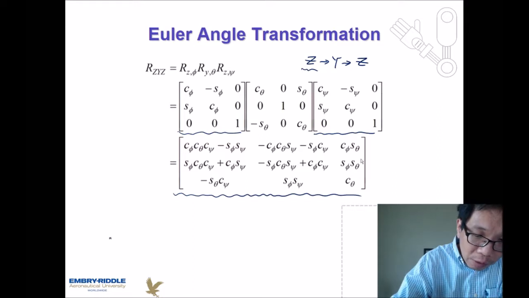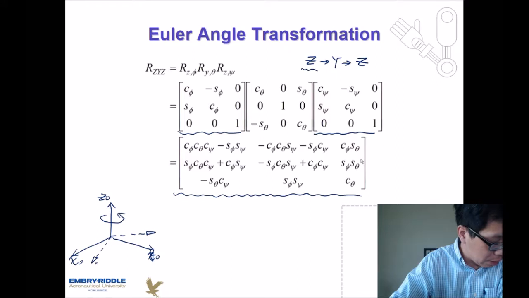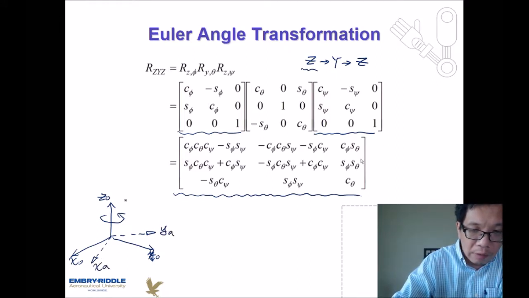In other words, we are dealing with something like this. We are starting from x naught, sorry, this is y naught, x naught, and z naught. And we are rotating about the z axis. So what we have is xa, ya, and this is going to be our za.